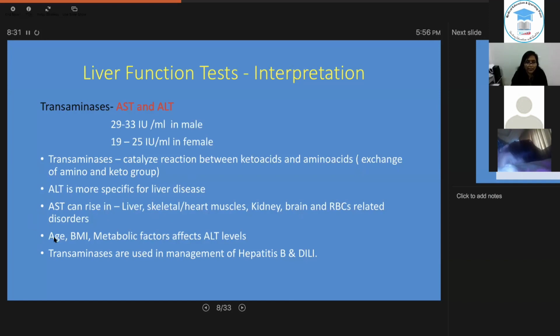Age, BMI, and metabolic factors all affect the ALT level, so when we assess them, we should take care of all other parameters also. The transaminases have been used in the management of hepatitis B, specifically, because by seeing the transaminase level, we decide upon the therapy in hepatitis B patients.